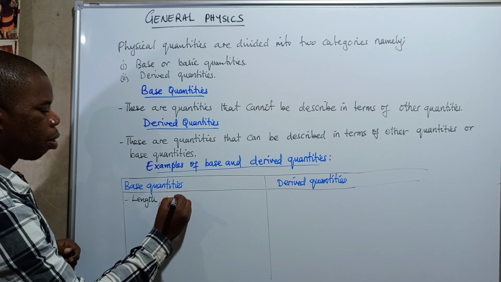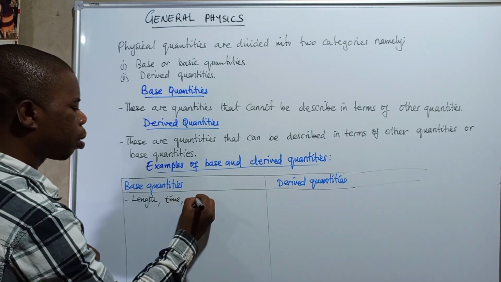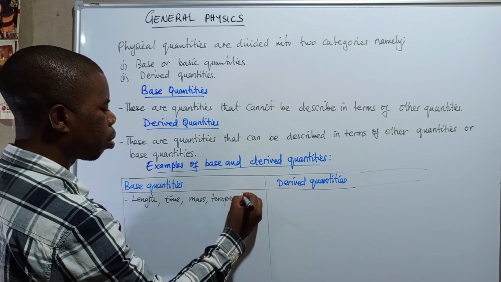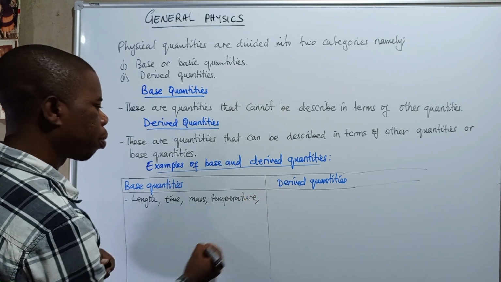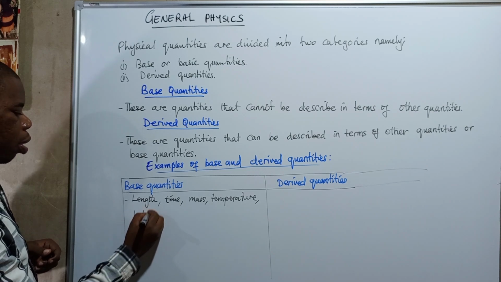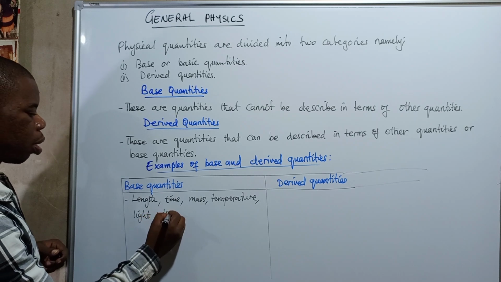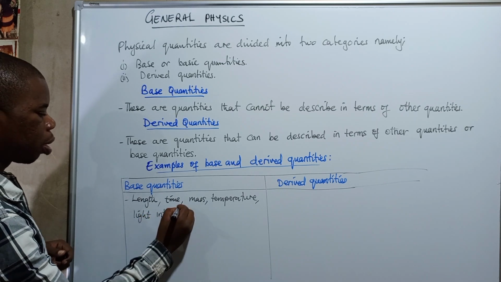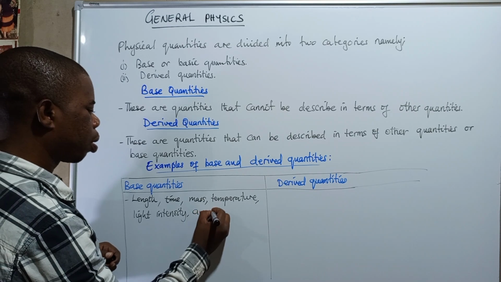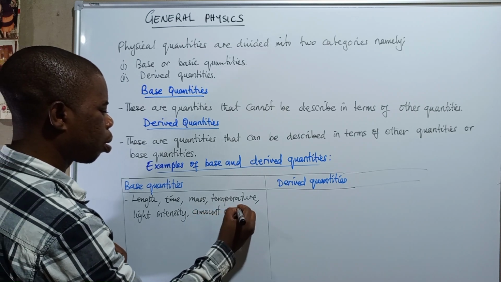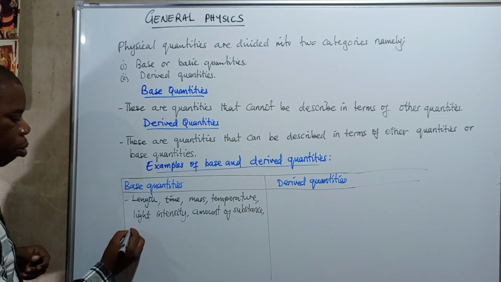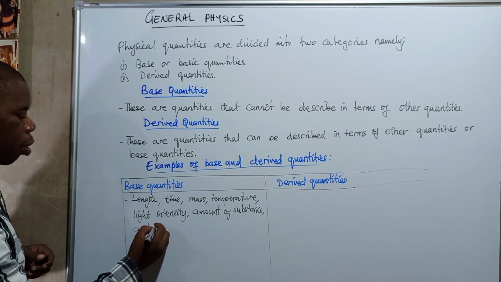Time, we have mass, we have temperature, light intensity, then we have amount of substance, and then current.